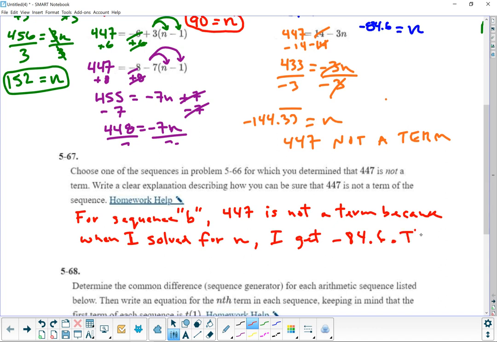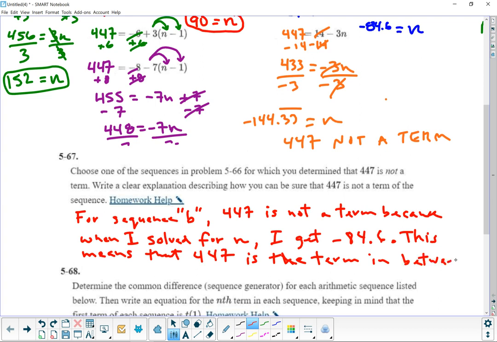Okay, this means that 447 is the term in between negative 84 and negative 85.